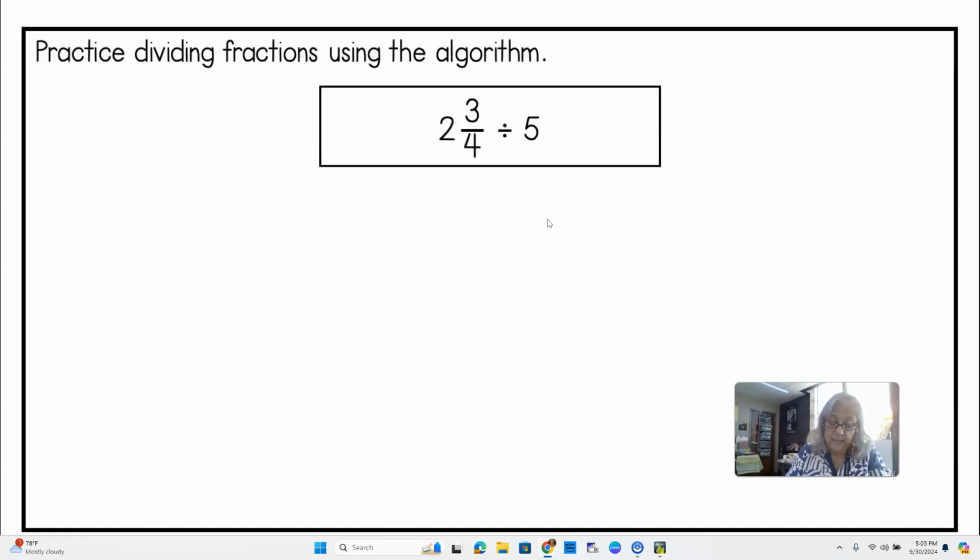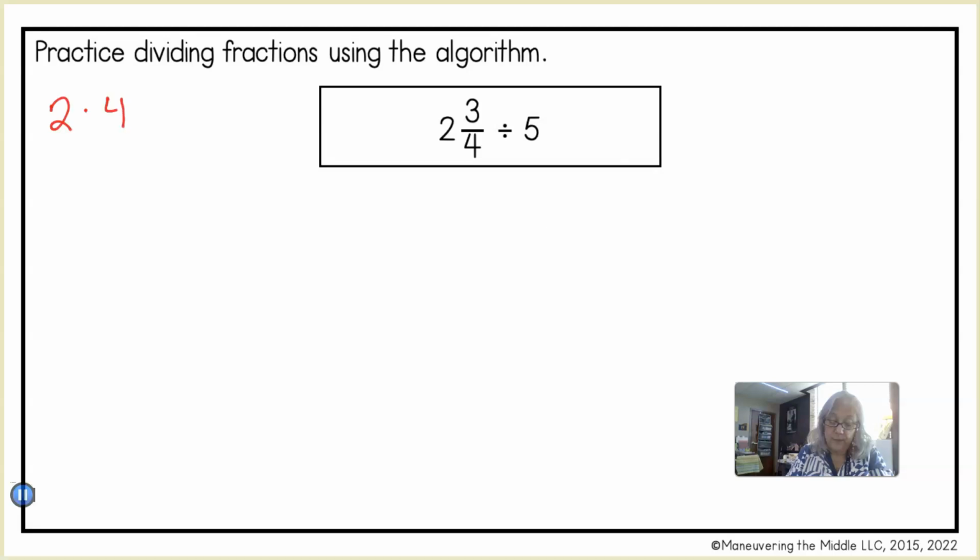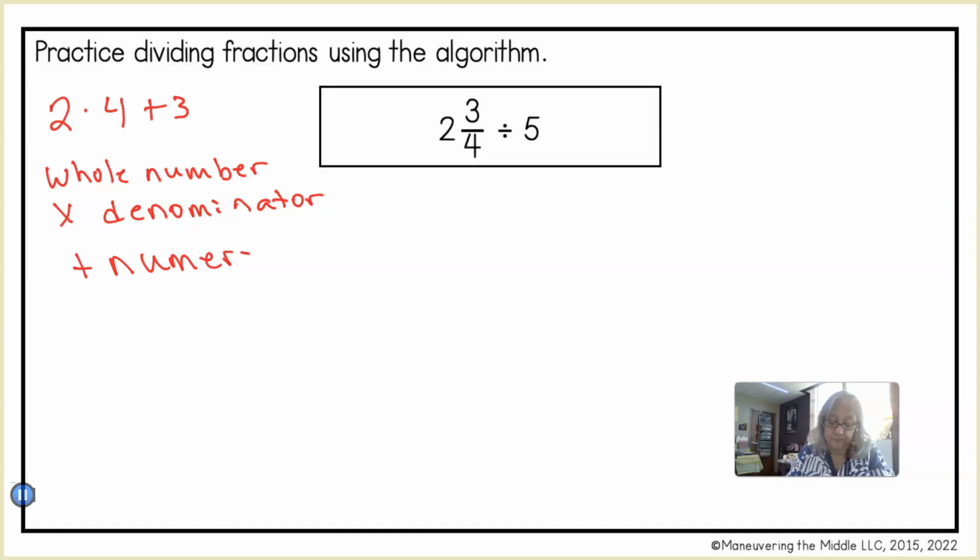Well, we multiply our whole number, 2, times our denominator, 4, and add our numerator, 3. So 2 times 4 is 8, plus 3 is 11. It'll be 11 over 4.